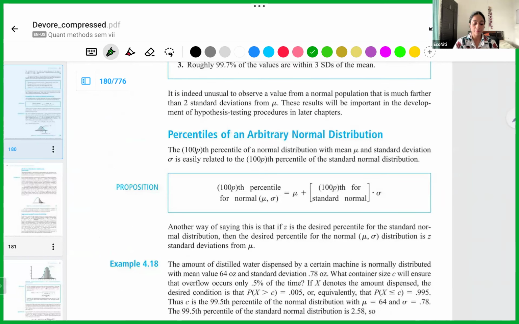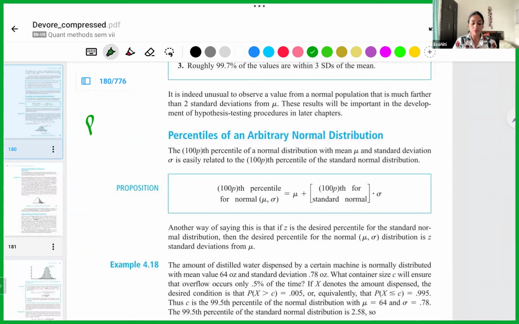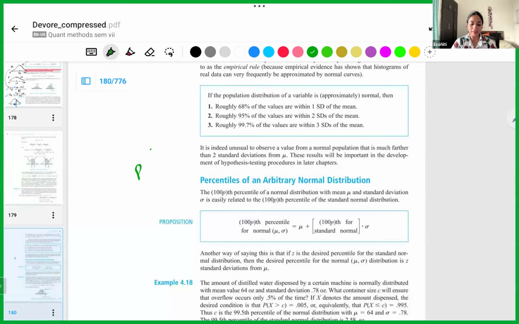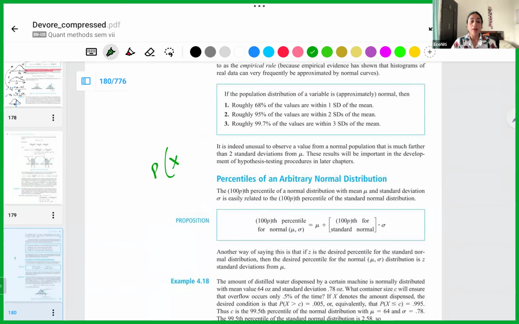This says that the probability that any normal distribution, suppose X, lies within one standard deviation, right?